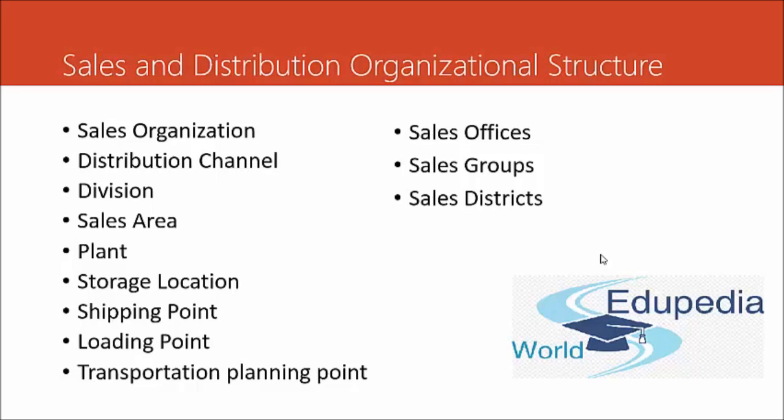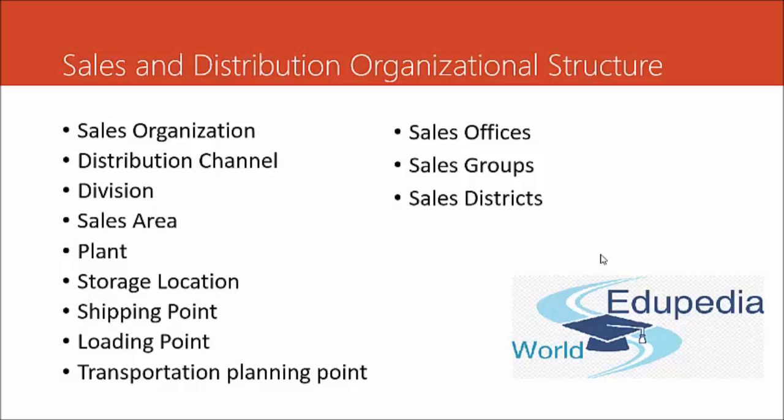We assigned our sales organization to the company code. We defined our distribution channels and assigned them to our sales organization. We defined divisions and assigned them to the sales organization. We created a sales area for our combination key of sales organization, distribution channel, and division.